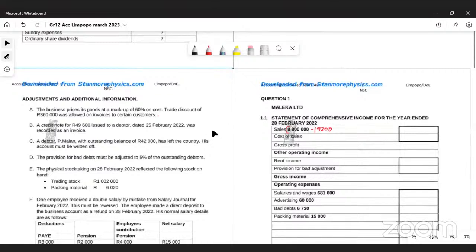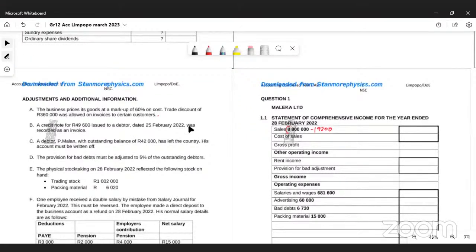Remember, when dealing with the books of the business, because you are a human being, you are liable to make mistakes. So there may be errors that the bookkeeper made, and we will check for those errors as well.